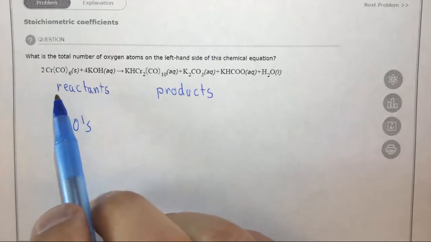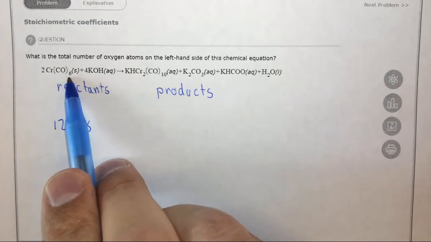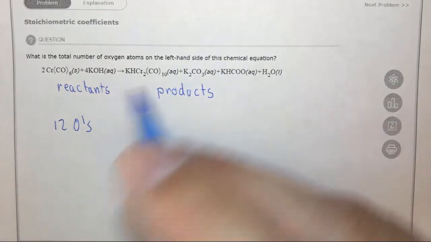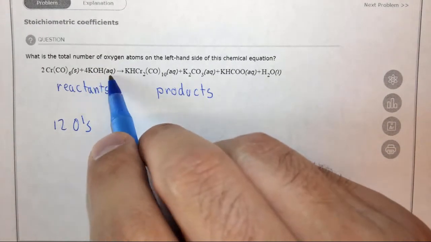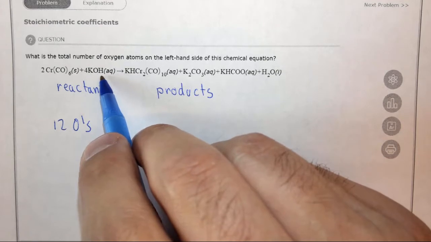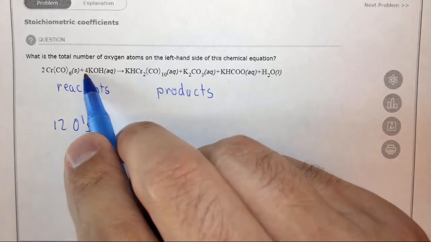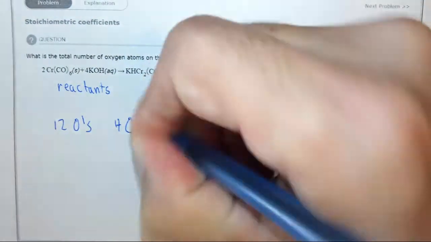You could do this another way by multiplying the 2 times the subscripted number for the oxygen, the 6, to give you a total of 12 oxygens. In the next case, we have potassium hydroxide, KOH. Here, each potassium hydroxide contains 1 oxygen, but we have 4 of them, which gives us a total of 4 oxygens.